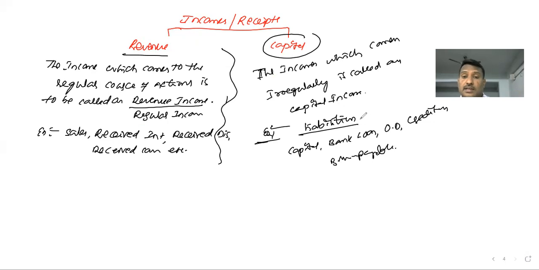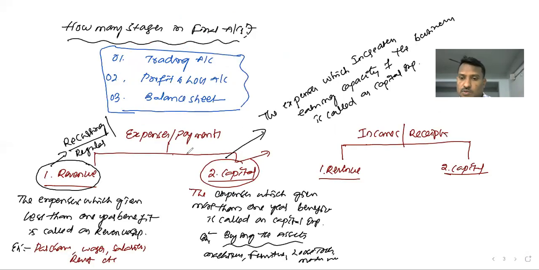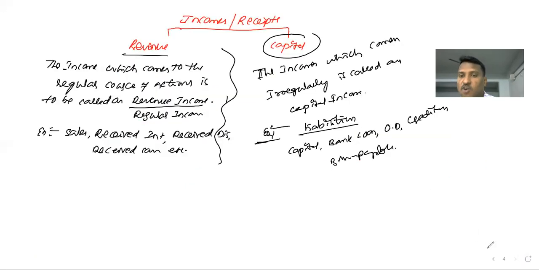Right. So the accountant has divided expenses into two types, and incomes also into two types. Where can they be recorded? Final accounts are prepared in 3 stages. First, the trading account and profit and loss account.